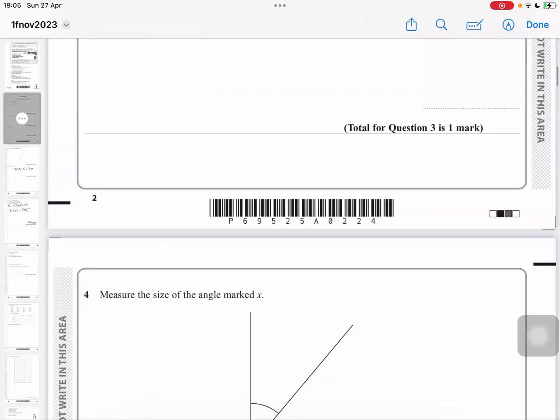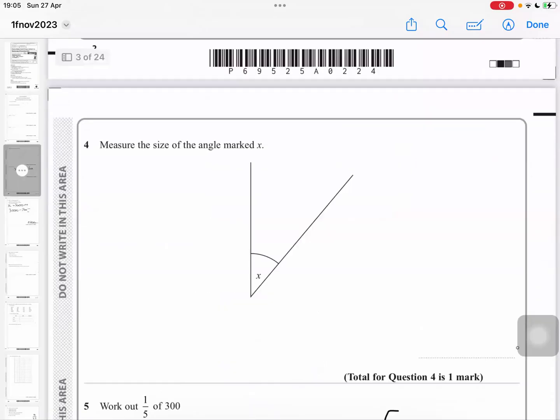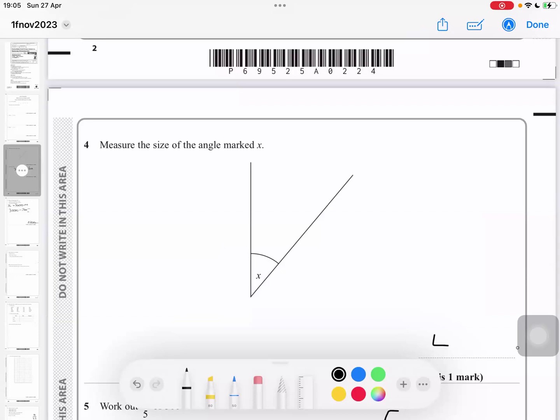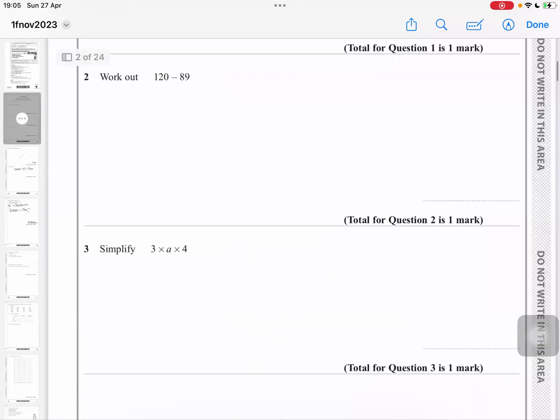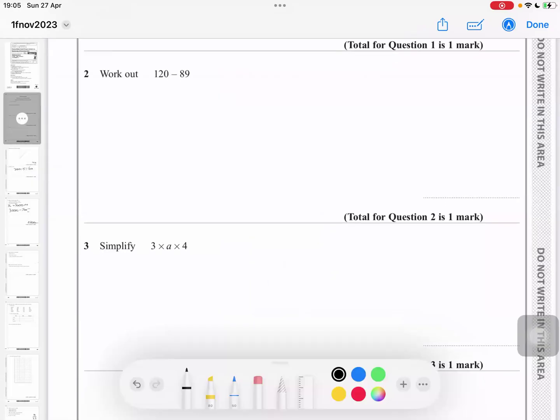Yeah, I was just checking it. Okay, it's 40 degrees, right? Okay, yes, that's the unit. Okay, let's move on.